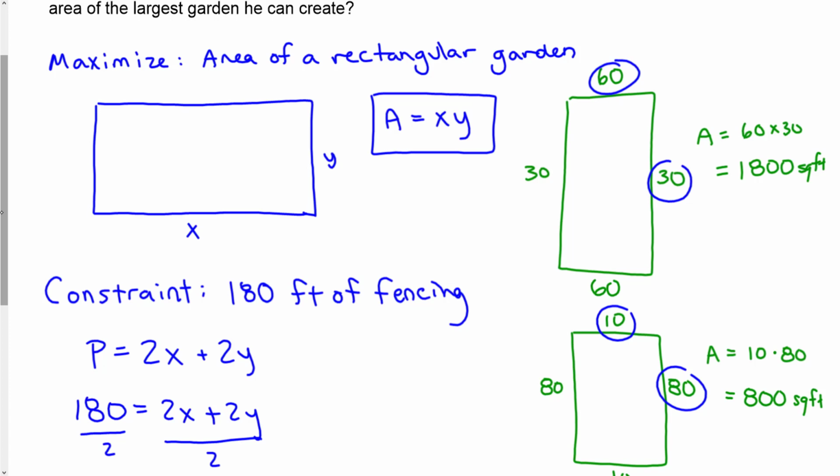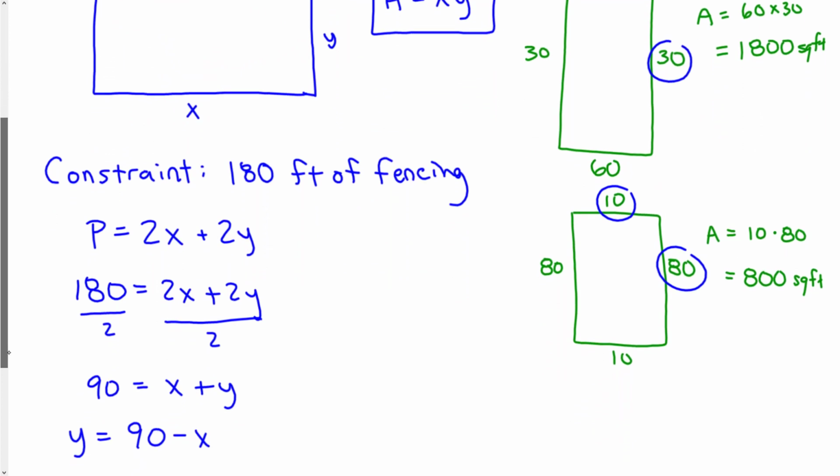The problem there is I can't really maximize something that has two independent variables given our techniques that we know right now. I can only have one independent variable. However, using this constraint, I can rewrite one of those variables in terms of the other. That's the key to solving these things.